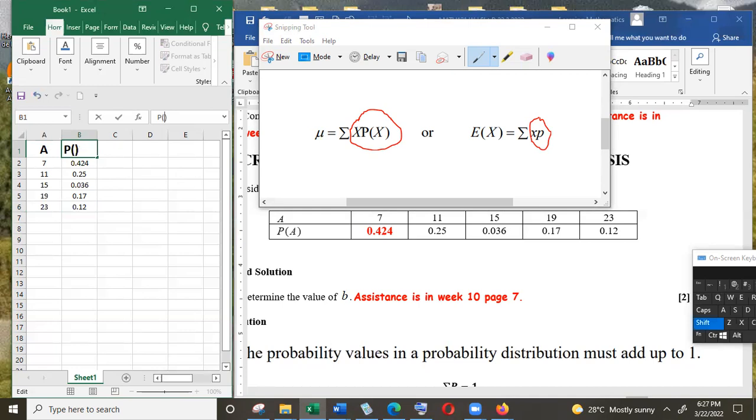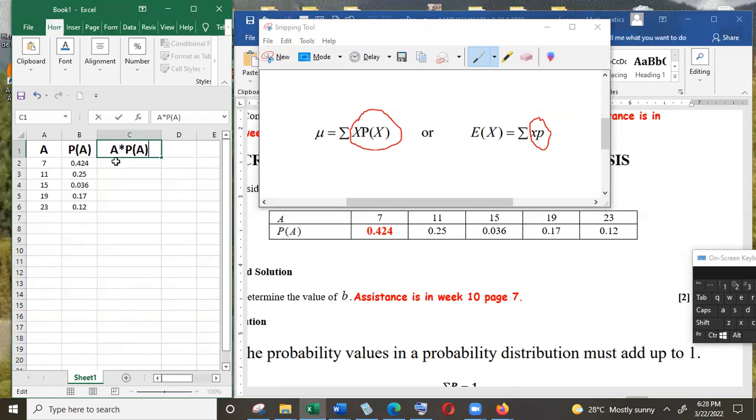We're dealing with the formula of X, but it's A. So what I can do, I can just drag this. So we want to do an A times P of A. Put the multiplication sign between it.